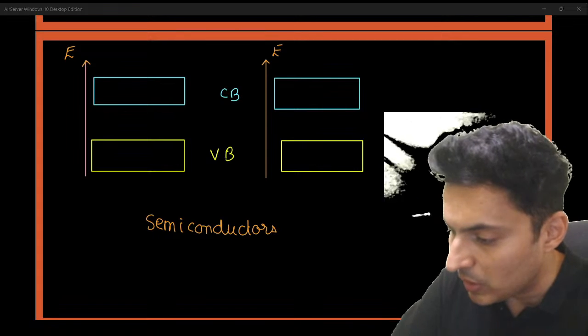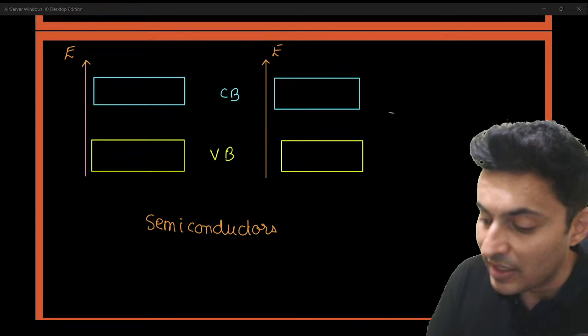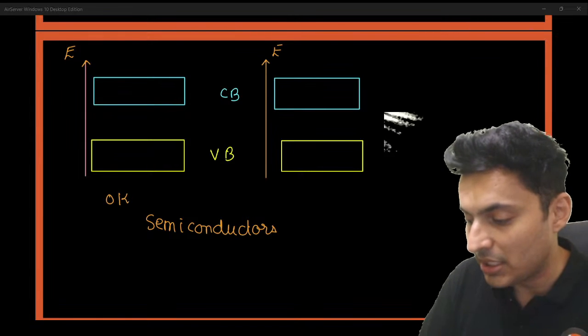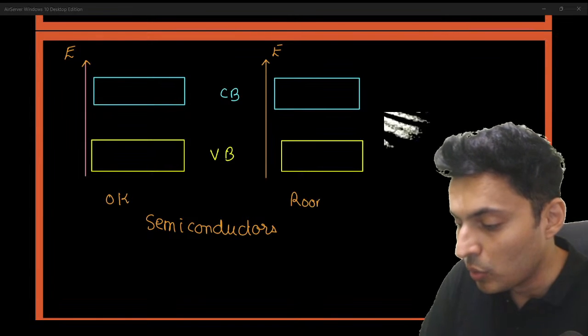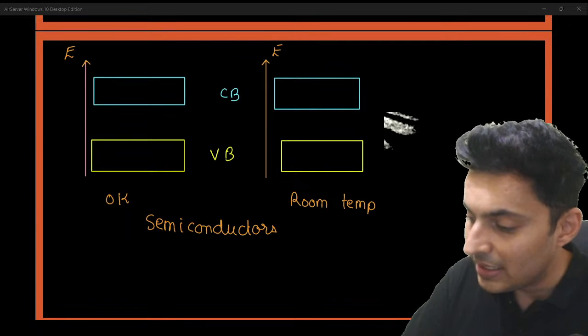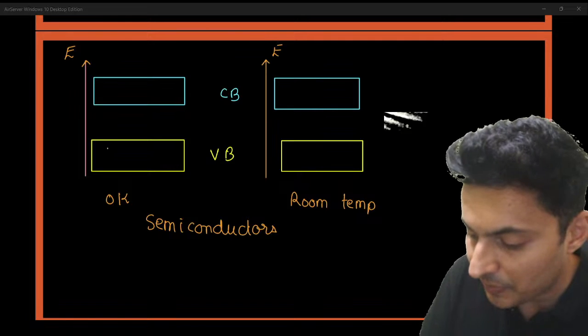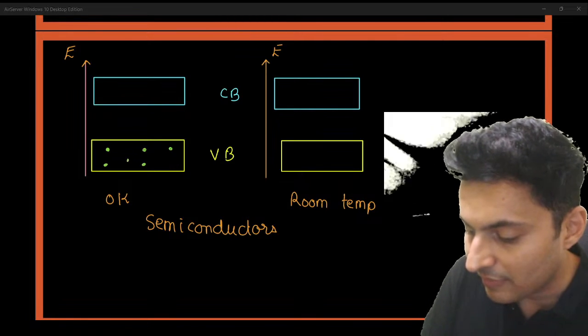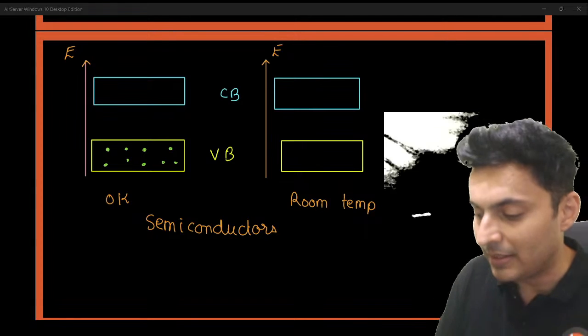If you show the electrons at 0 Kelvin, that is the lowest temperature, and this is at room temperature, you will see that at 0 Kelvin, all the electrons will be in the valence band.